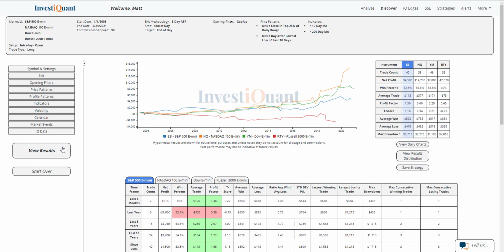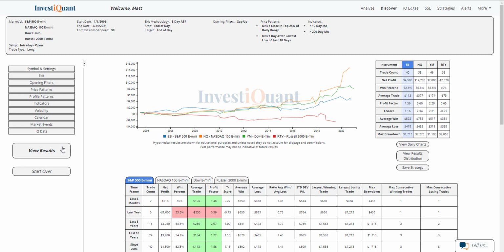If we look at the win rates on them, they are a little bit mixed. The S&P is coming in just over 50%, 53%. The NASDAQ's the strongest of the group at 67%, so a fairly strong pattern there. The Dow is coming in about 59%, and the Russell is the weakest of the group and the only one below 50%, coming in at 40%.